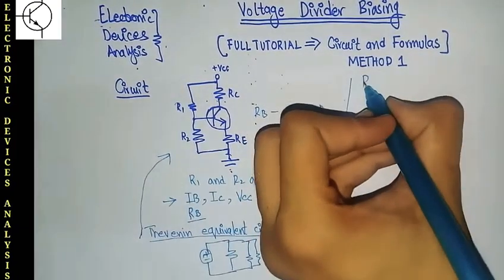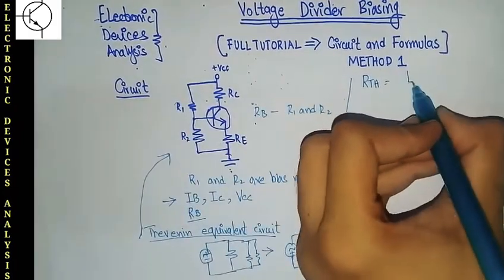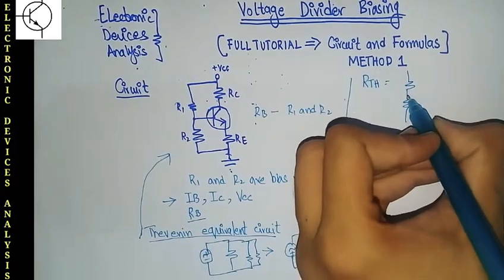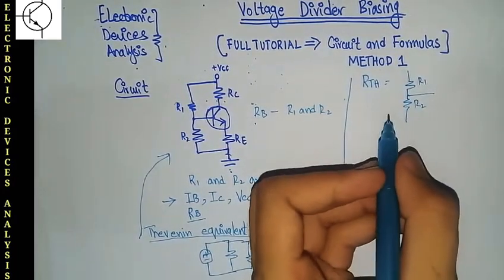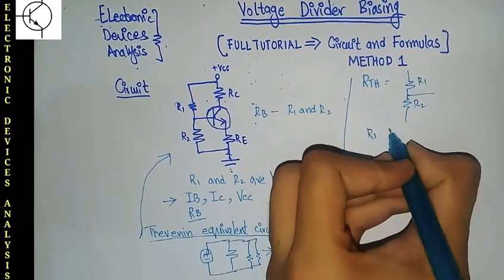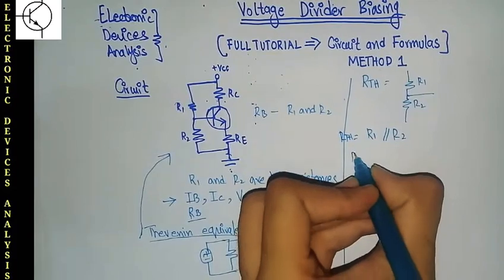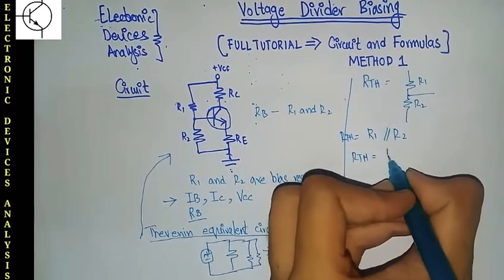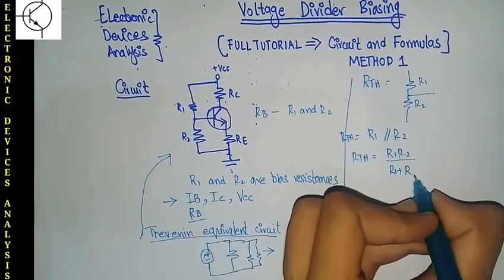First of all we will find R Thevenin from there. All of the circuit will remain the same, only these two resistances, as you already know, R1 and R2 are parallel with each other. Therefore R1 in parallel with R2 is equal to R Thevenin, and R Thevenin will be equal to R1 into R2 divided by R1 plus R2.